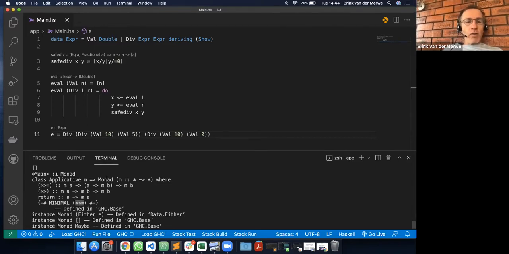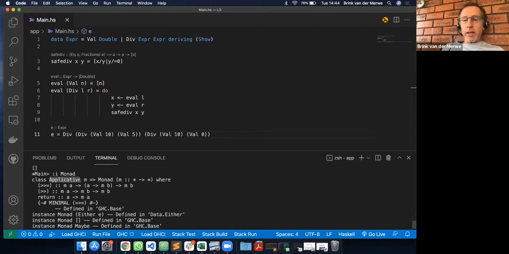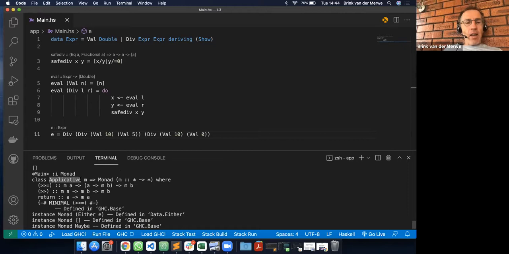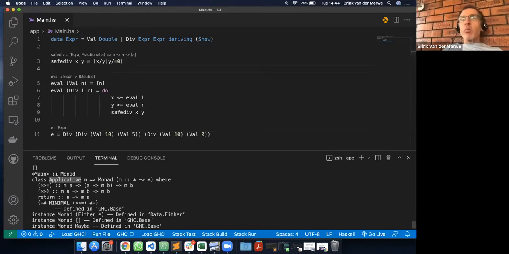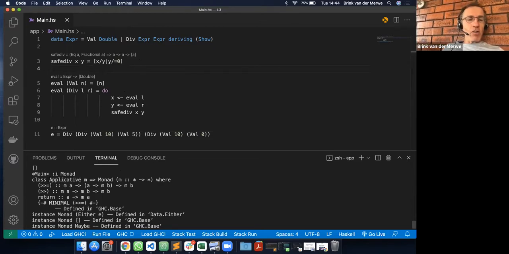But in order for something to be a monad, it must be an instance of the applicative type class. And that's not something I've shown you before. So my attempt in the next 15 or fewer minutes is to showcase the applicative type class to you.